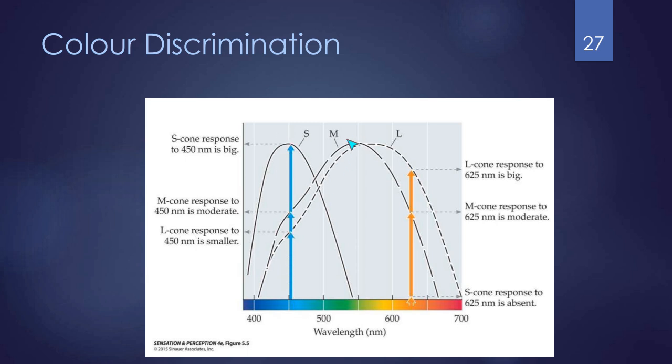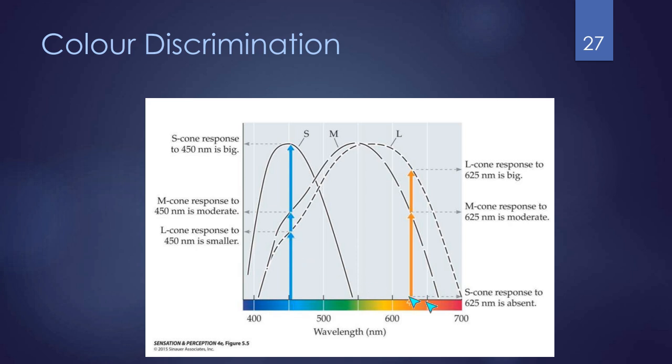So although the medium cone is showing the same response here as it does here, the S cone is showing a much larger response here. And then if we look at what the L cone is doing, it's showing a much smaller response to the 450 nanometers. So that's good additional information that the visual system can use.